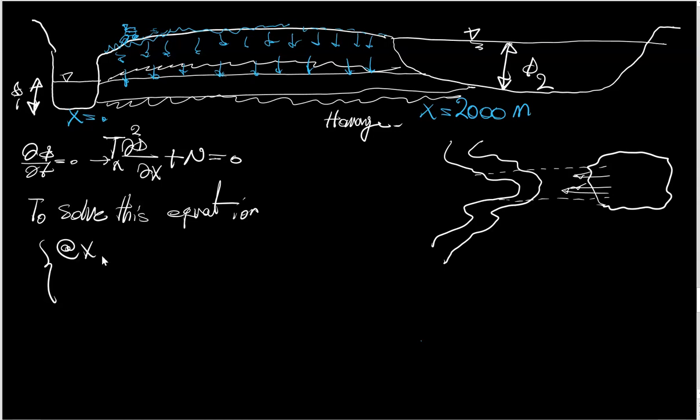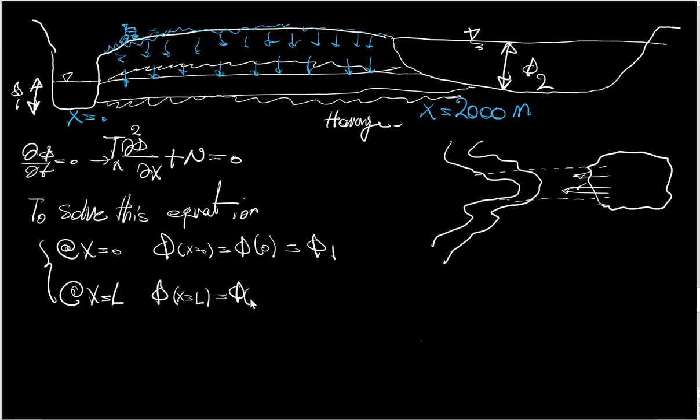At x equals 0, phi at x0 is phi 1, this is the stream level. At x equals L, phi at x equals L is phi 2. So I have two boundary conditions.